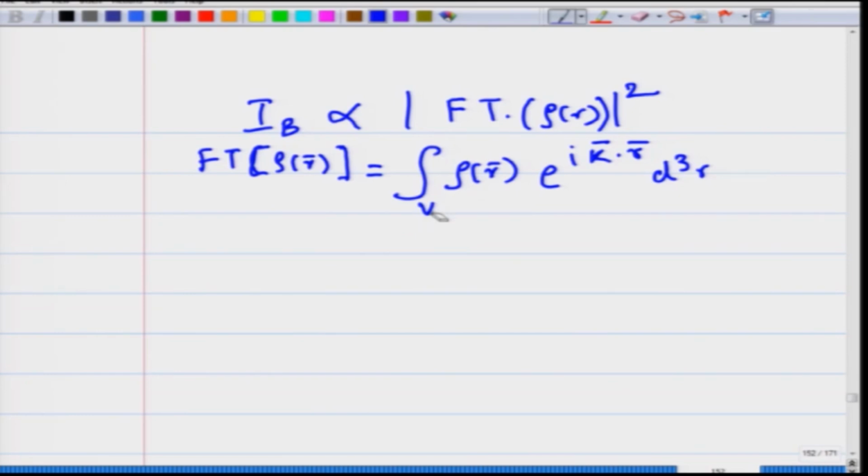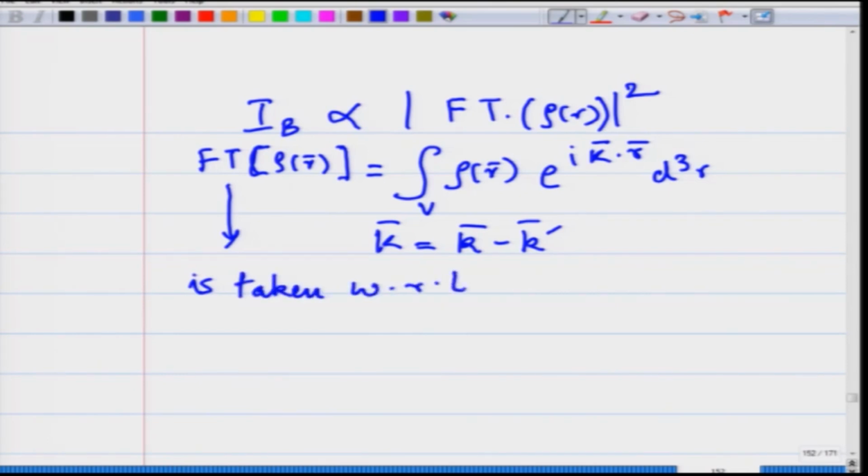Integral of rho of r e raised to i K dot r, and this Fourier transform is taken with respect to this wave vector, which is k minus k prime. So, the intensity of the scattered light now depends on the Fourier transform of the density of the crystal.